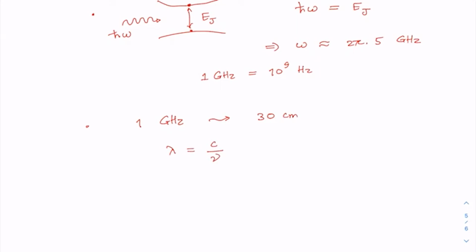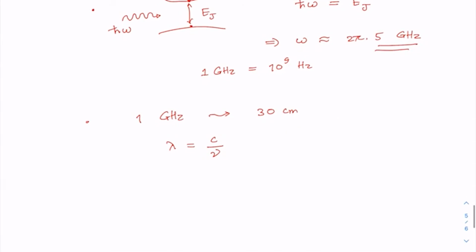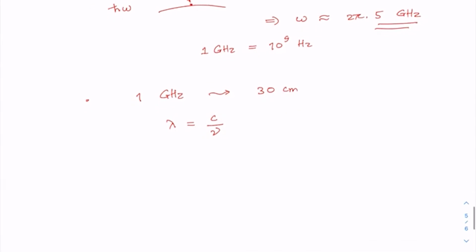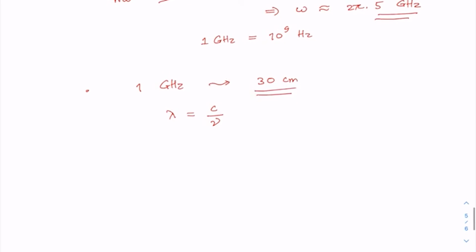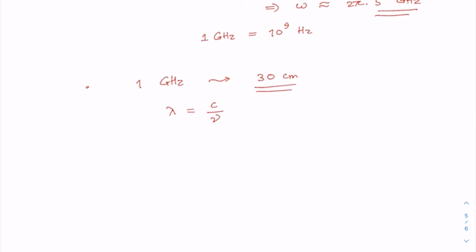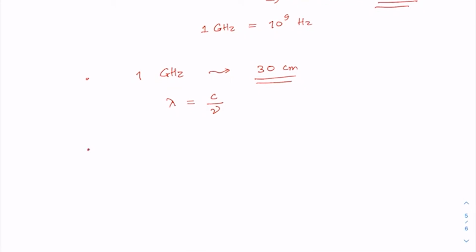Nu is here 5 gigahertz, and c is the speed of light in vacuum, that is 3 into 10 to the power 8 meter per second. If you put in the numbers, you will get that 1 gigahertz is equivalent to 30 centimeter. So if we are to couple a Cooper pair box device or charge qubit device to radiation, the radiation must be in the microwave range.